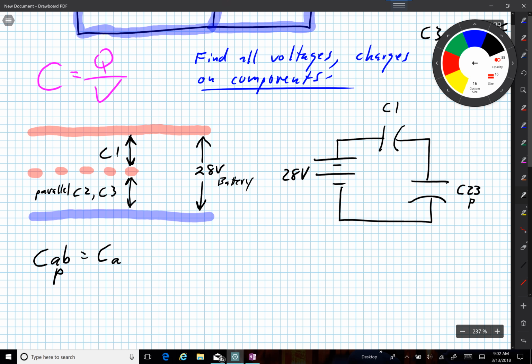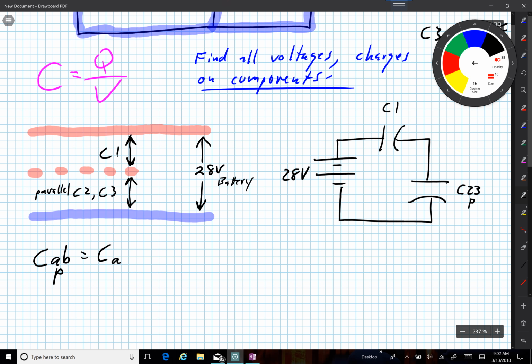This is not specific to this problem. In general, if I have two capacitors, C_A and C_B, that are parallel, and I want to combine them and create one capacitor out of the two that's equivalent, this is the formula for making an equivalent capacitor. I add the two capacitances.